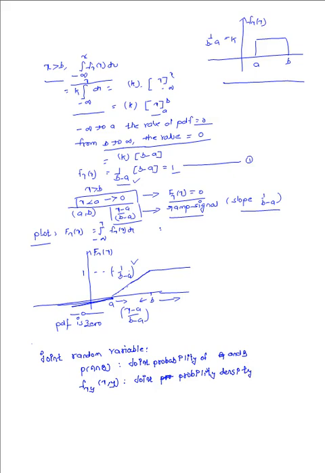Again, along the same lines, there is capital Fx of x comma y, which is the joint probability distribution function.